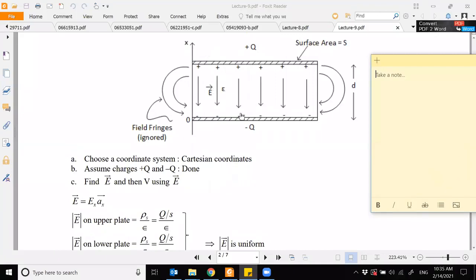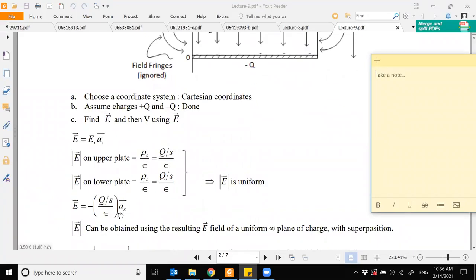Is it a positive Ax or a negative Ax? Can you tell me, guys? Negative X. See, this is my assumption that my X direction is this, but my field is in the opposite direction, right? So that's why the unit vector is negative, and this minus is coming from that unit vector.